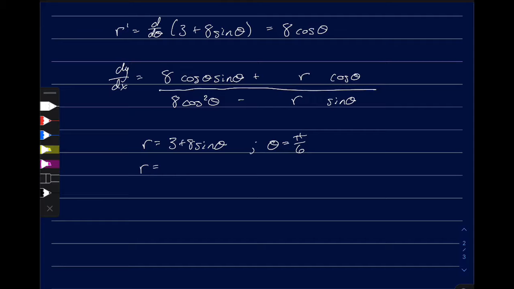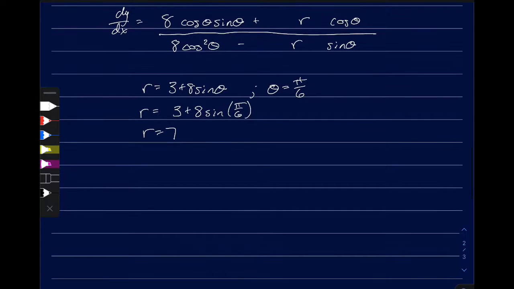So that tells us that r is going to be equal to 3 plus 8 times the sine of pi over 6, which is 1/2, so r is equal to 7. And while we're here, let's figure out what cosine of theta is. So cosine of pi over 6 is square root of 3 over 2, and sine of theta is 1/2.